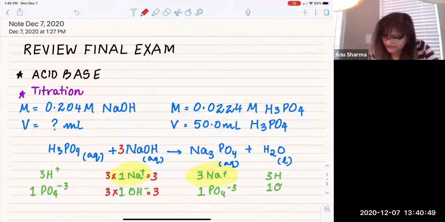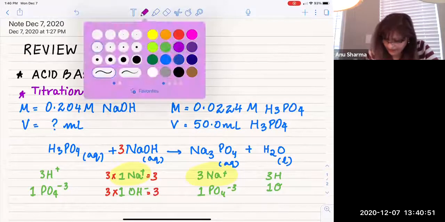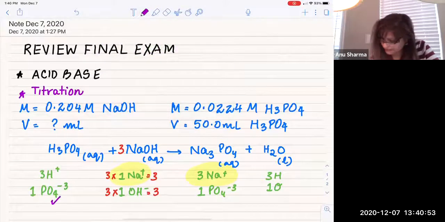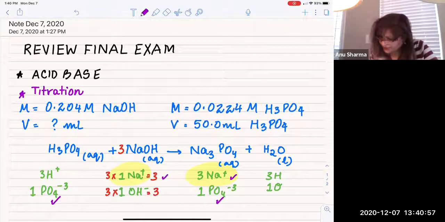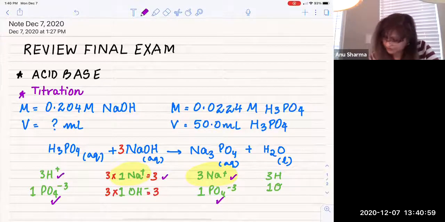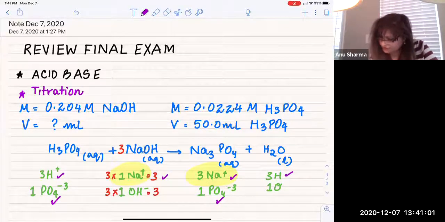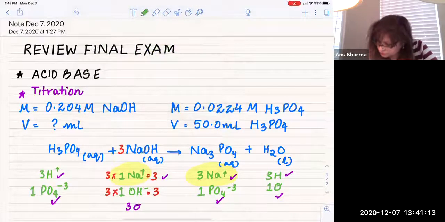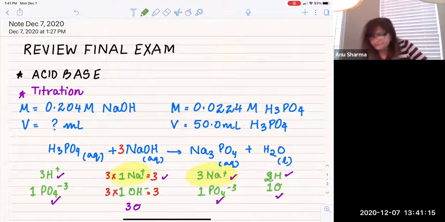So now let's calculate all of it. We have one phosphate, three sodiums. Now calculate the hydrogens. Three hydrogens are fine. What about oxygens? There's only one oxygen here, whereas how many oxygens are on this side? Three oxygens. So how are you going to make it three? Sorry, this is two waters, my mistake here. This is two hydrogens, okay?